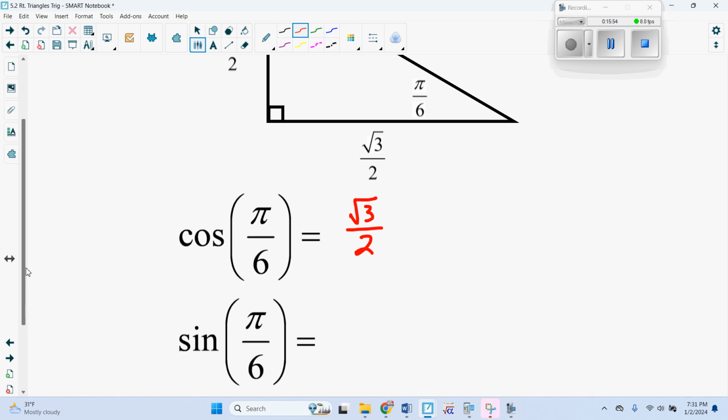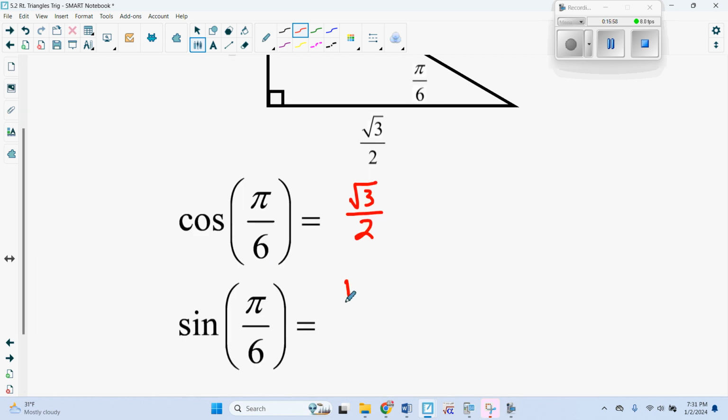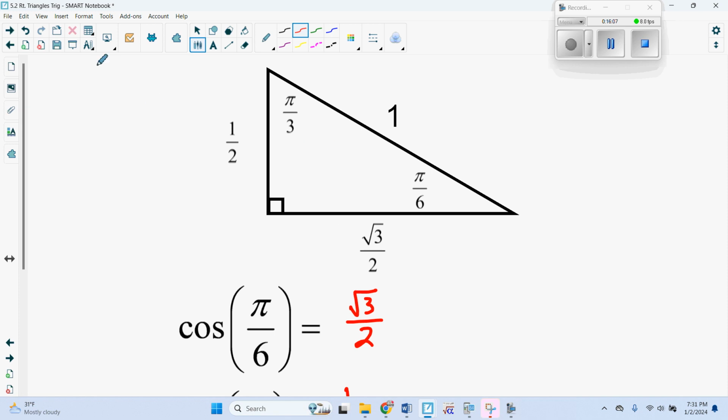Sine of pi over 6. Opposite over hypotenuse, but the hypotenuse is 1. That just becomes the opposite side. So by knowing these special triangles, it allows us to find the sine and cosine very easily from the triangle.